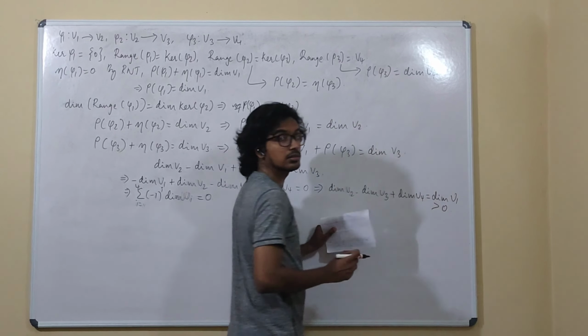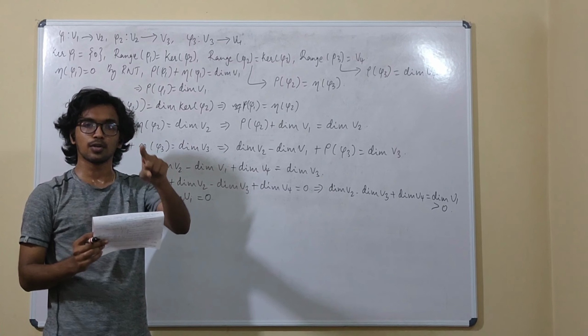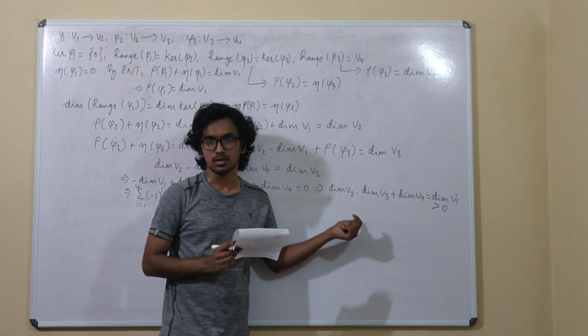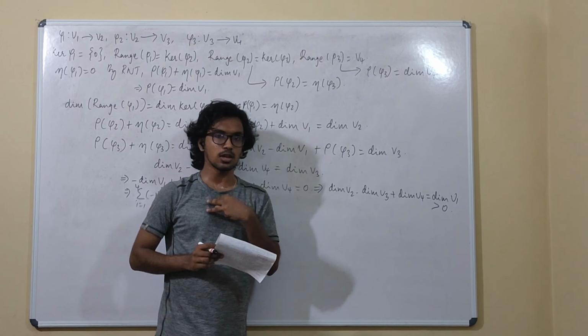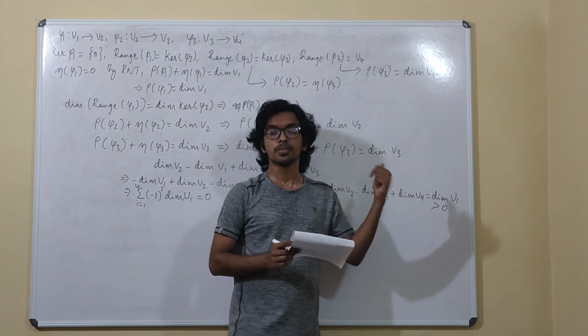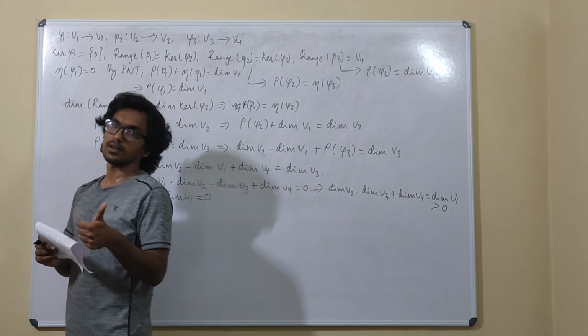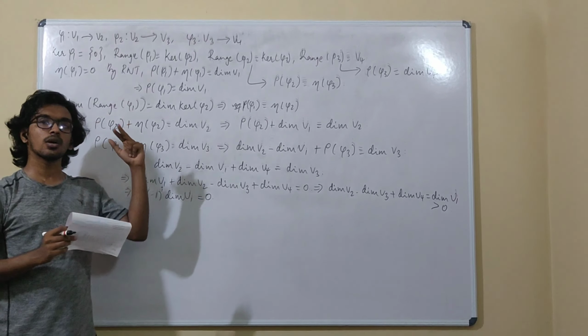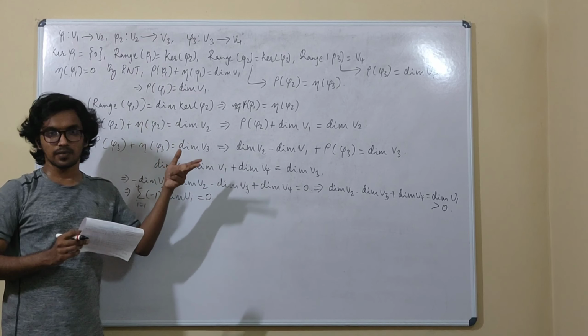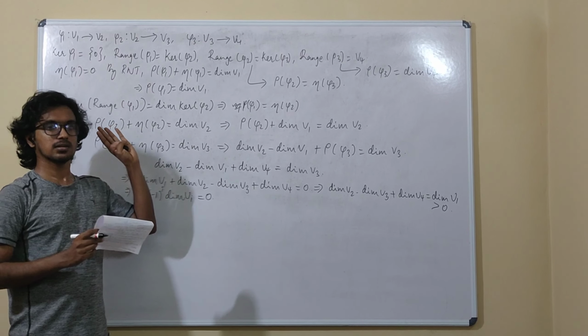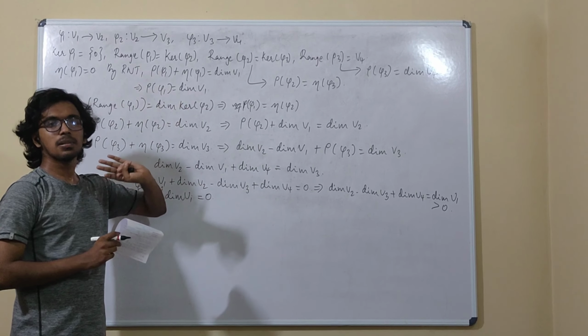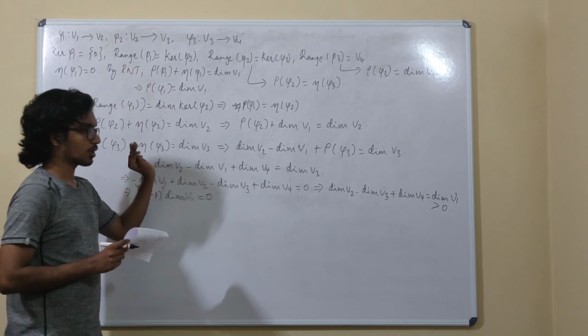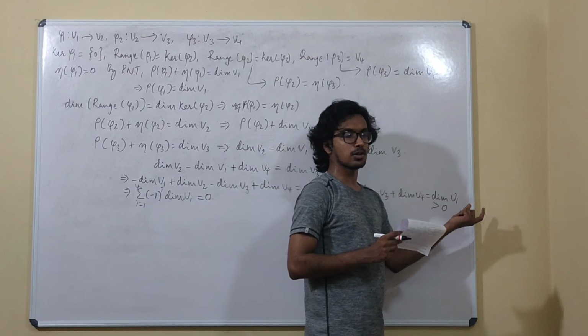Dimension is of course a positive quantity provided your vector space is a non-zero one. If your vector space is a zero vector space, then the dimension is 0. In the question it is clearly given that we have considered 4 non-zero vector spaces. It is not said that all are different, but they are non-zero. So the dimension is positive.